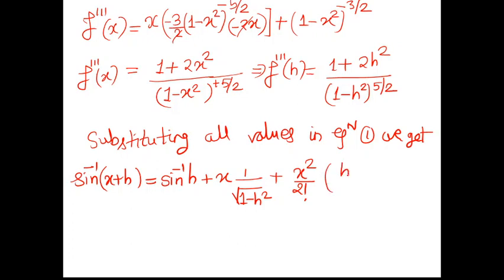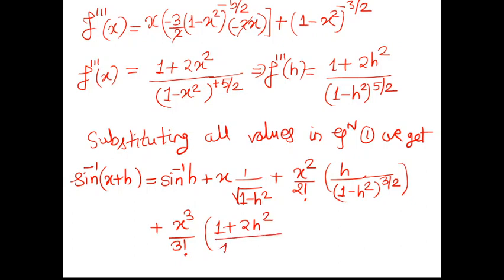What is the second derivative? It is h upon (1 minus h square) to the power 3 by 2. Then the next term is x cube by 3 factorial, and then (1 plus 2h square) upon (1 minus h square) to the power 5 by 2, and so on. So this is the required series expansion.